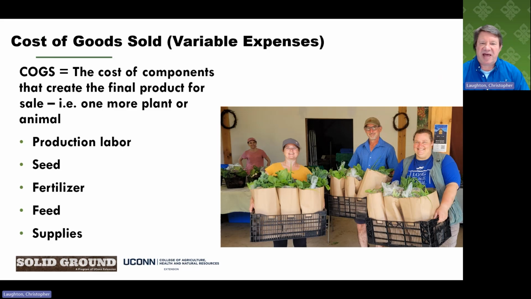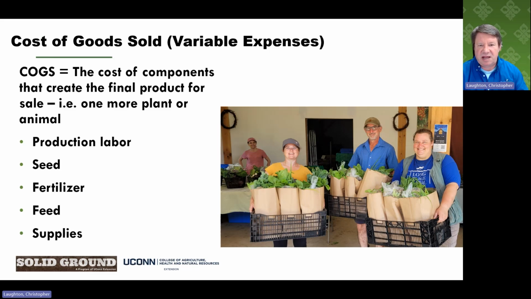So let's go back to our example of Chris's greenhouses. So Chris grows hanging baskets. So what are his cost of goods sold going to be? Well, they would include things like the basket itself, the pot. They would include the growing media, the seedlings, the seedling plugs that he's going to plant in the hanging basket.